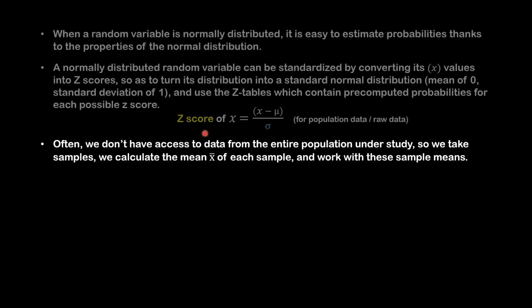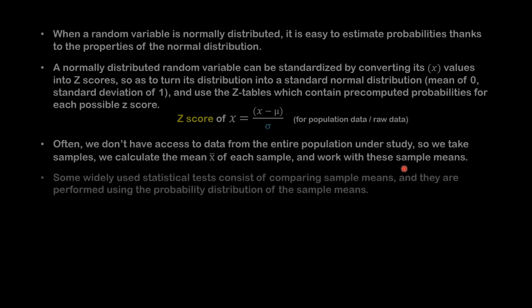Often when we don't have access to data from the entire population under study, we take samples. We calculate the mean of each sample, in other words, the sample mean, and we work with these sample means instead of working with the raw data itself.